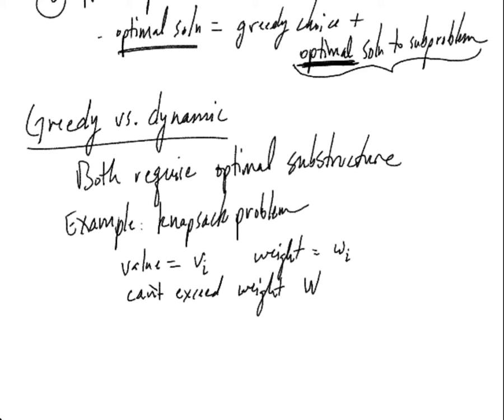Now there are 2 forms of this problem. We have the 0-1 problem, which is we can either take an item or not. So maybe the items are gold bars and silver bars and copper bars, and so we either take a bar or we don't. This requires dynamic programming. But there's also a version called the fractional version.